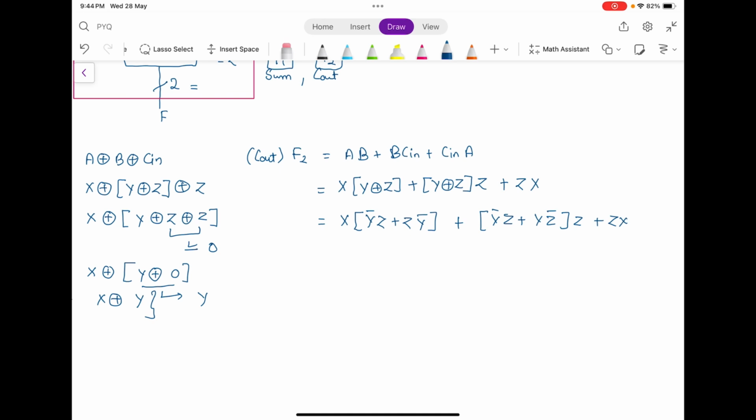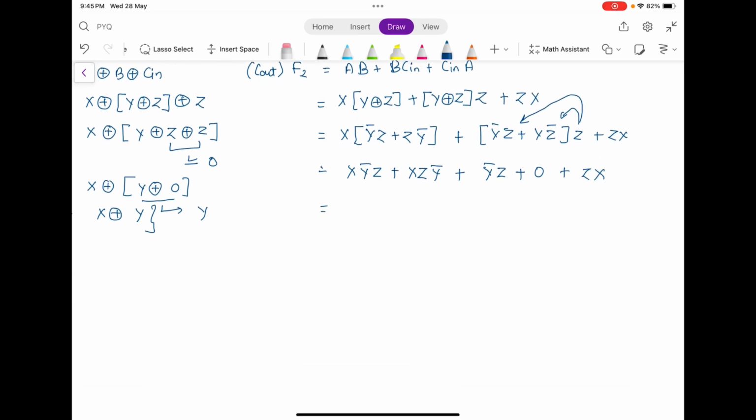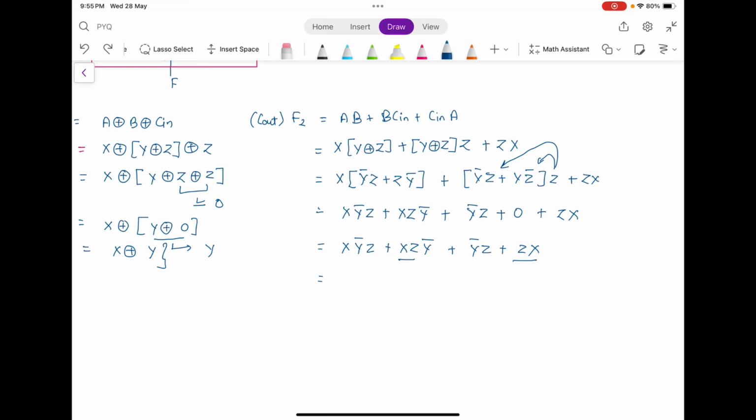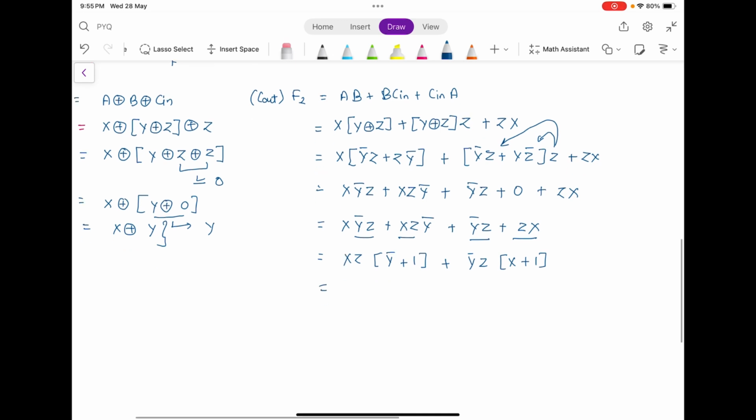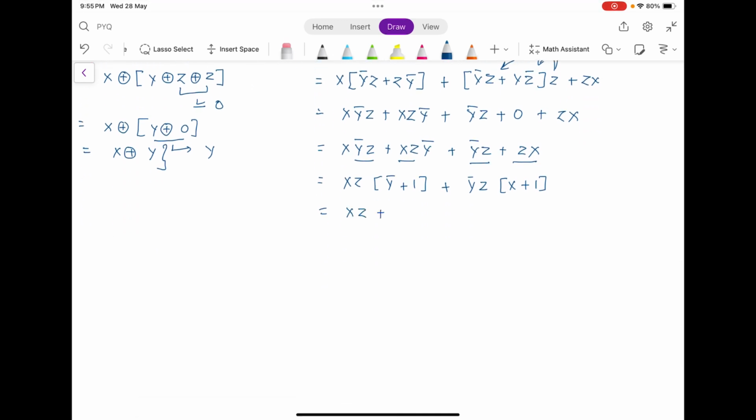Multiplying and simplifying further, this comes out to be XZ plus Y bar Z.